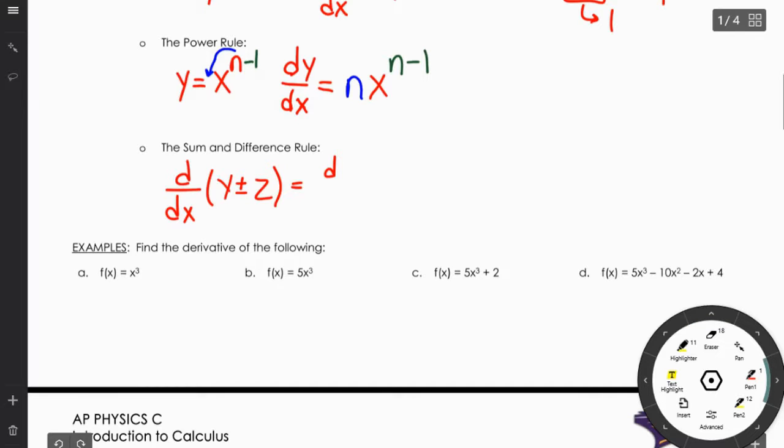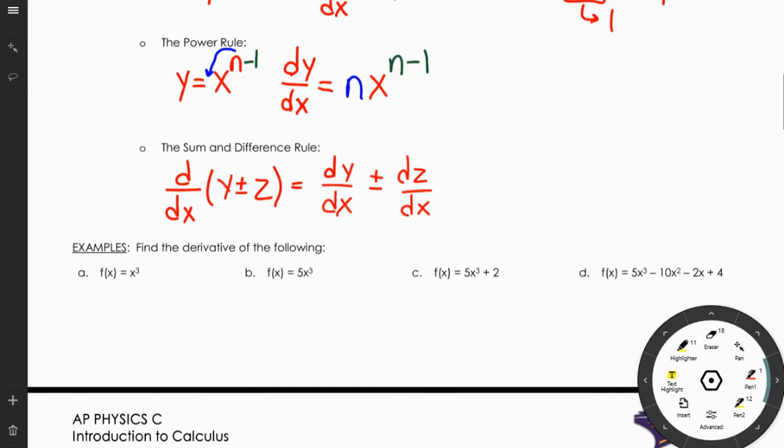So I'm given a function that's composed of y and z, and I want to find the derivative with respect to x. That just tells me my answer is going to be the derivative of y plus or minus the derivative of z, so dy/dx plus or minus dz/dx. As you get further into it, it becomes easier to see. You don't really have to use the sum and difference rule. I'm just pointing it out because maybe it's easier for you to see it broken apart.